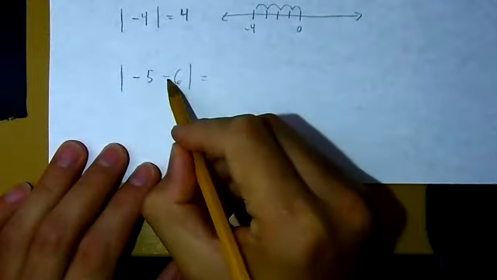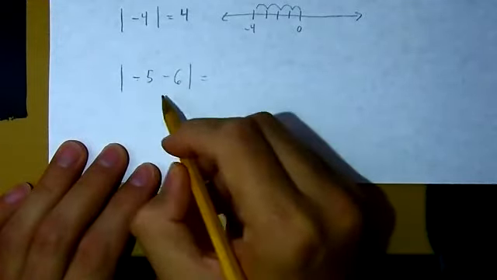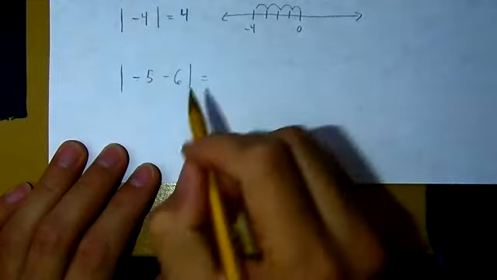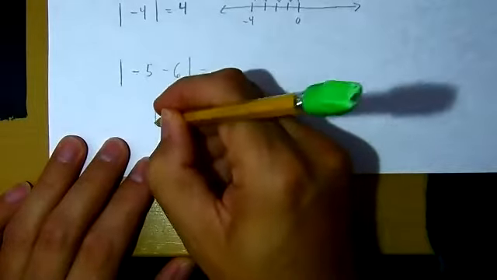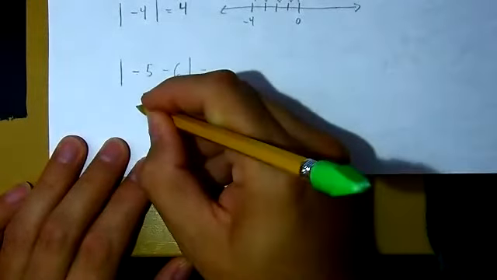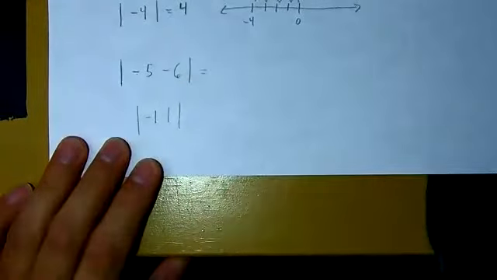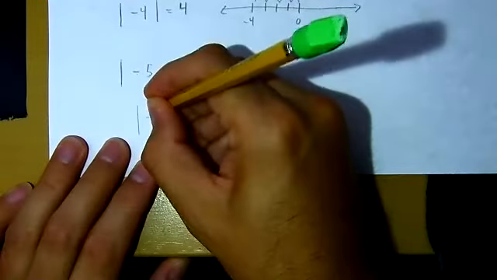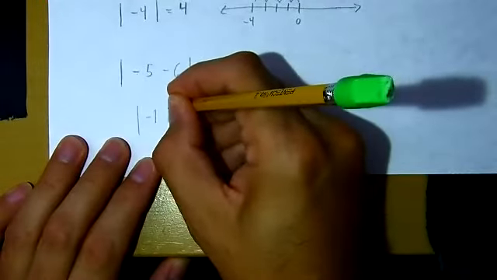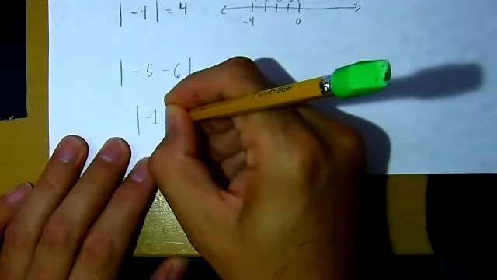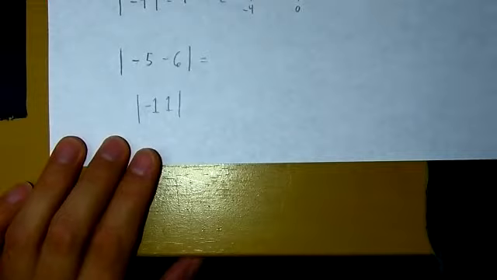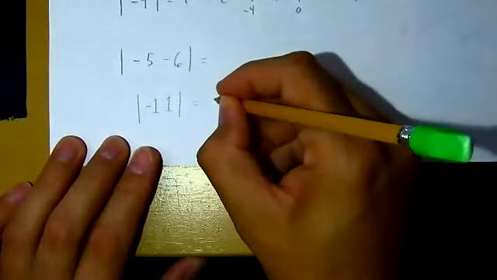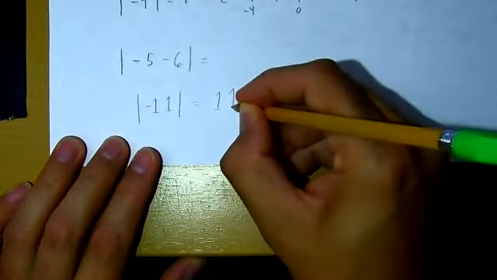If it has the same sign, which means a negative in front of the 5 and a negative in front of the 6, then you're going to be adding these together. So 5 and 6 is 11, and you keep the negative. Bring down the absolute value signs. Probably shouldn't have used that example because of all the straight lines. There you go. So then you determine the absolute value of -11, and that is 11.